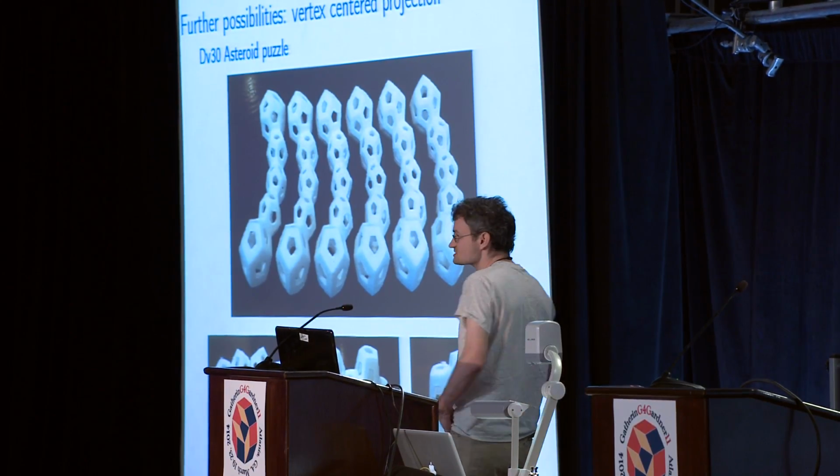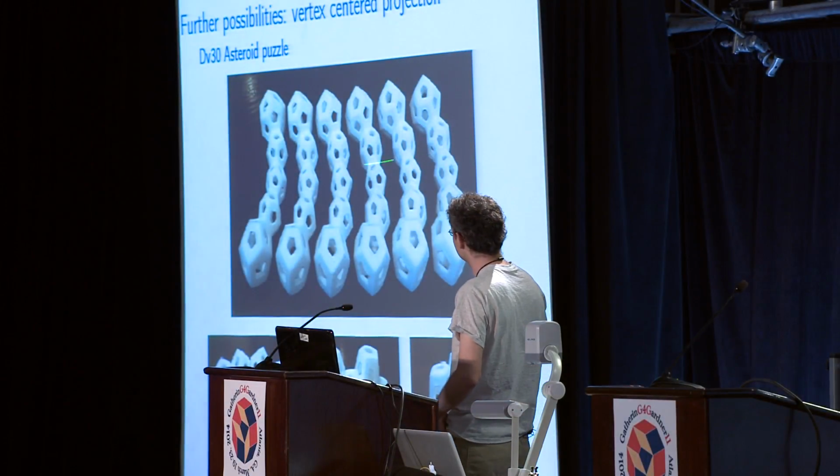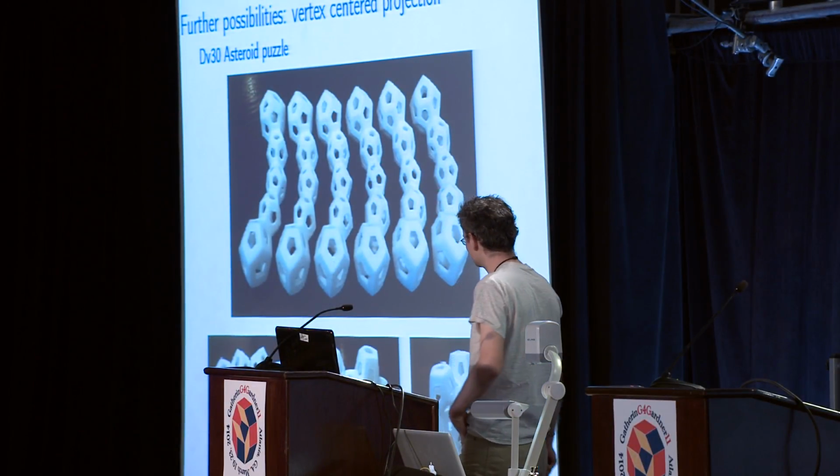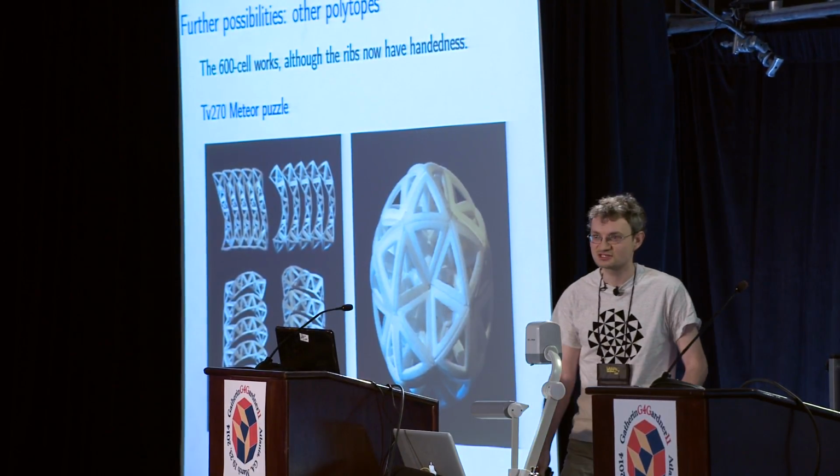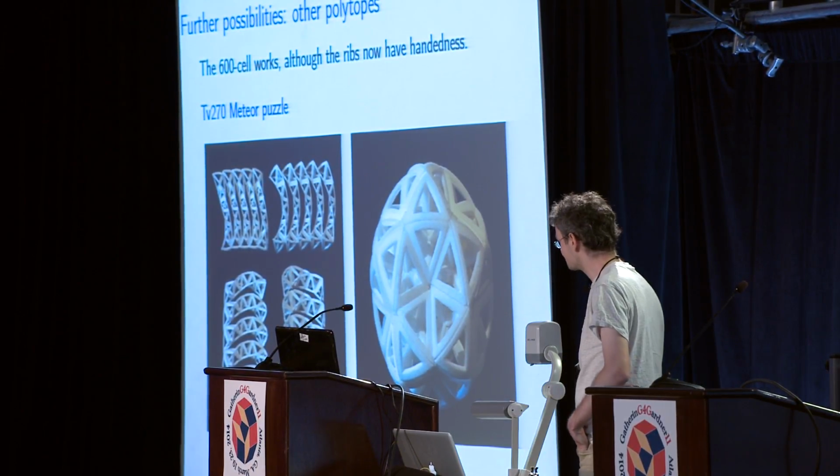If instead of the cell-centered projection, you use the vertex-centered projection, you get a different arrangement of the dodecahedra in three-dimensional space, which is entirely incompatible with all of the other ones, but it makes a different puzzle, which we call the DV30 asteroid puzzle, and these 6 pieces come together to form this object. And you can also do some things with the 600 cell, which is another of the 4-dimensional regular polytopes.